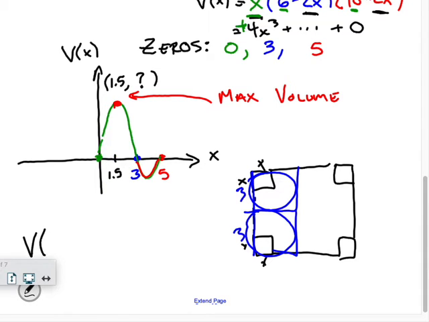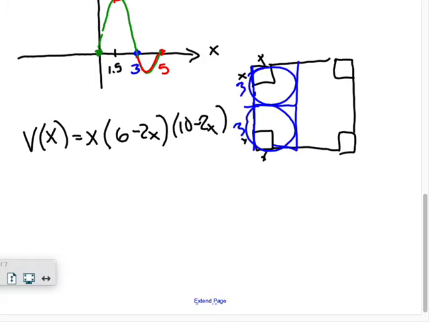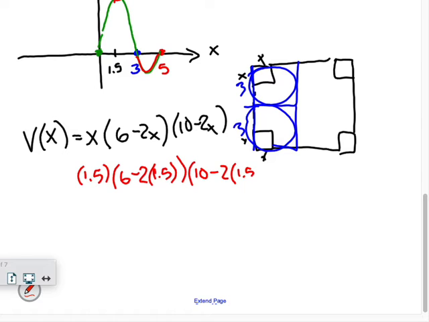Remember, volume of x is x times 6 minus 2x times 10 minus 2x. So when I plug that in, we have 1.5 for x, 6 minus 2 times 1.5, and then 10 minus 2 times 1.5.